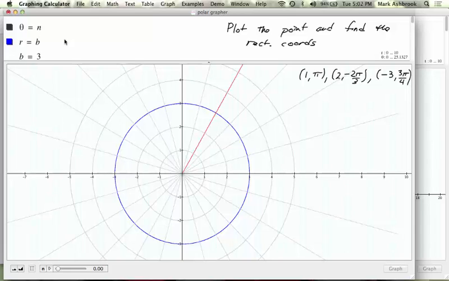So the second piece, it's the same thing. Would you like that? Yeah.